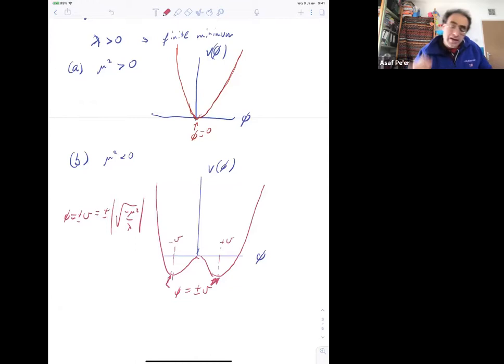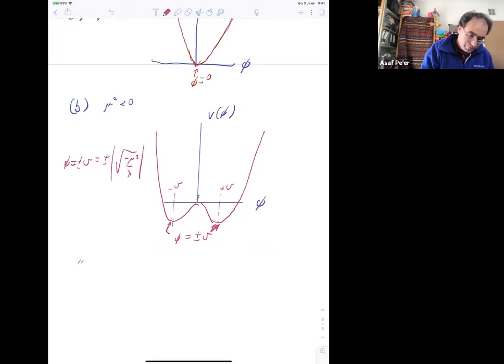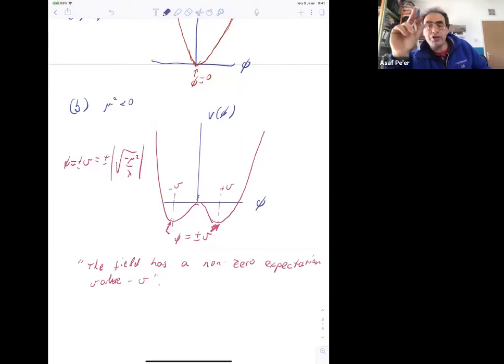In this case, we say that the field has a non-zero expectation value. Now the Lagrangian is still symmetric, because if we change phi to minus phi, nothing happens to the Lagrangian.